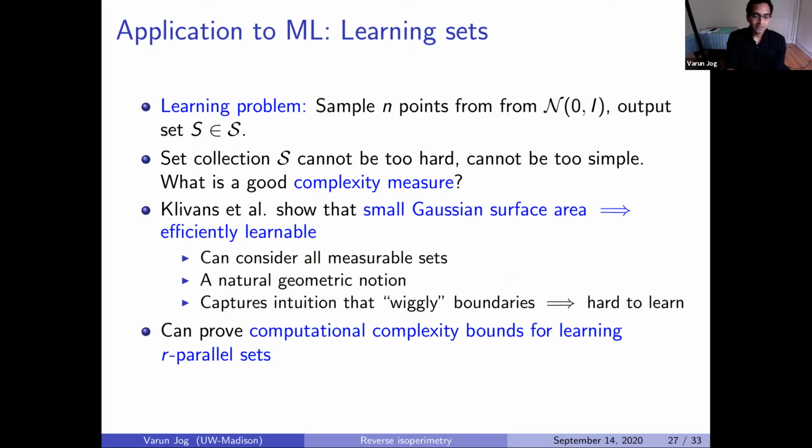In fact, they showed that if you can bound the Gaussian surface area of sets, then that leads to a bound on the computational complexity. That gives us a bound on how many samples n one would need. And since our results gave us a bound on the Gaussian surface areas of our parallel sets, you directly get learning bounds, computational complexity bounds, for learning these kinds of sets.